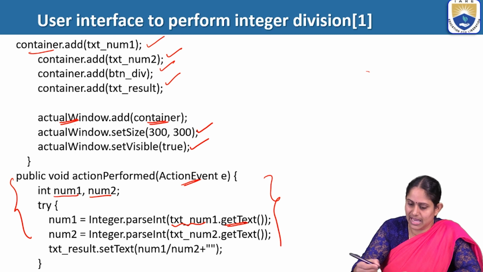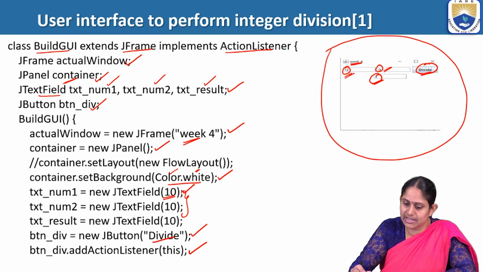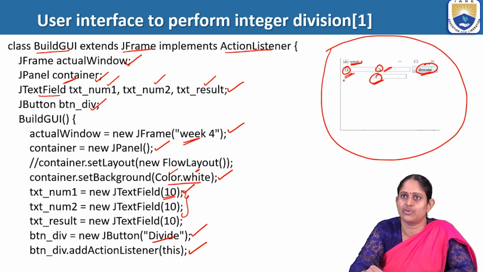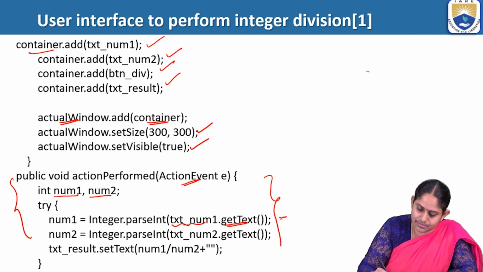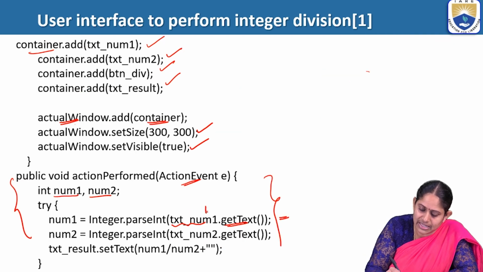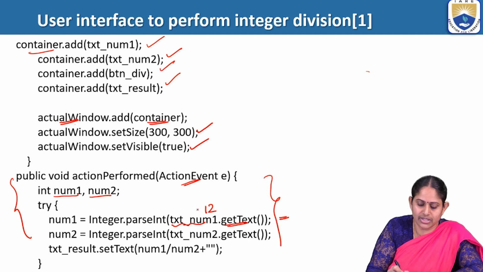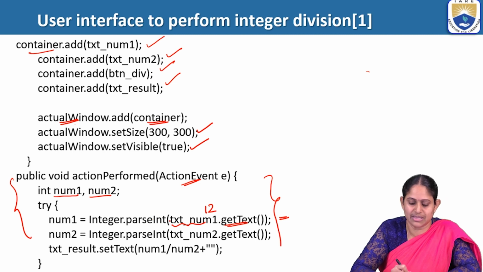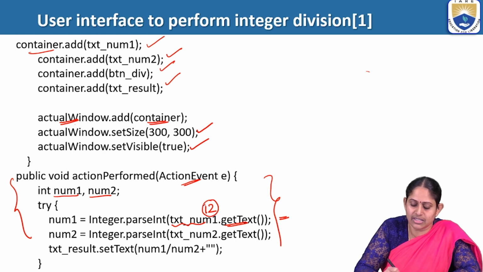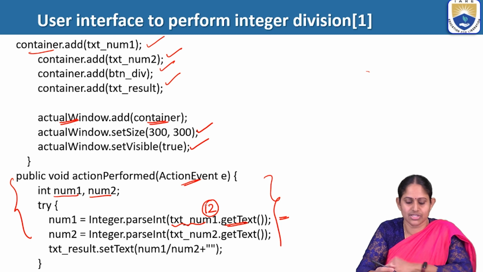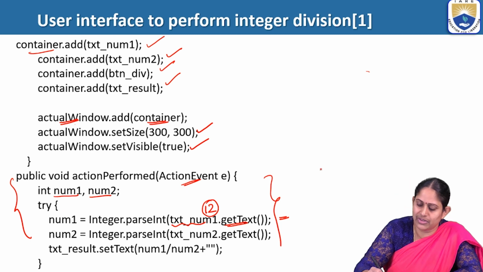Let's say in our example we had given the value 12. This method will extract 12, and now that has to be converted into integer. The Integer.parseInt method will convert this text 12 into integer and store it into num1. So num1 is equal to 12.